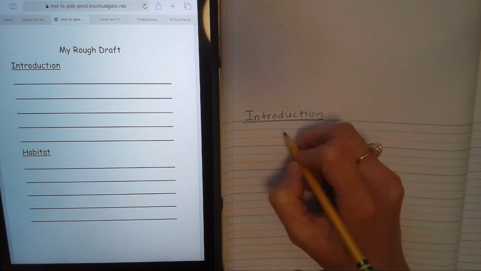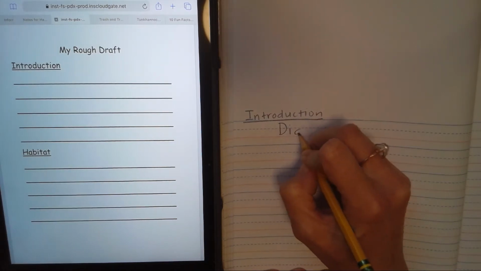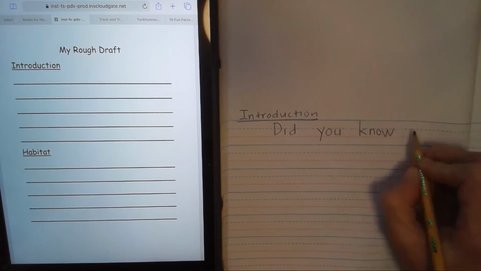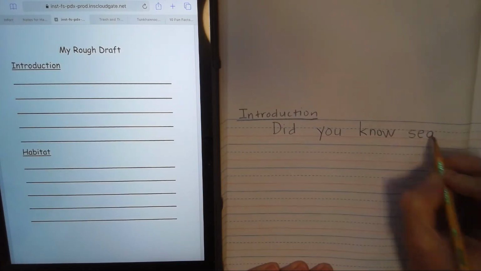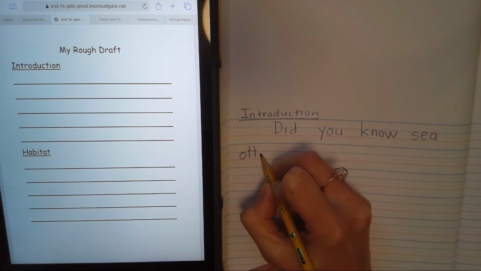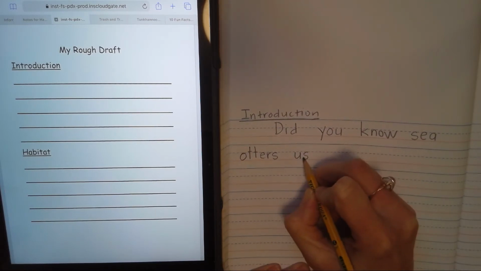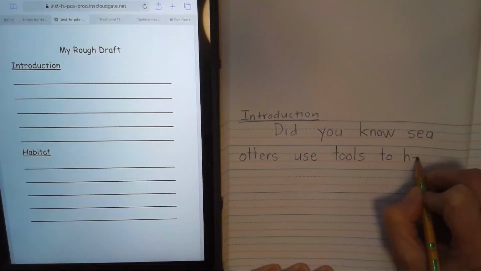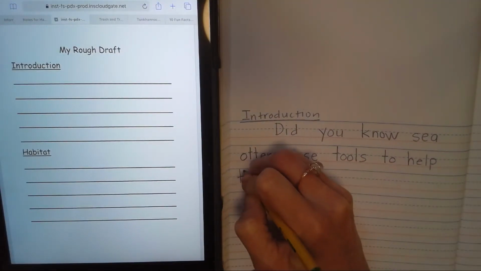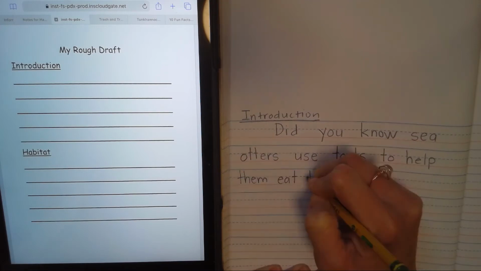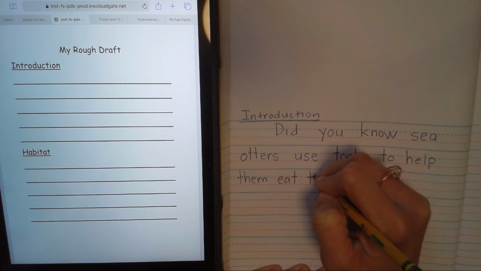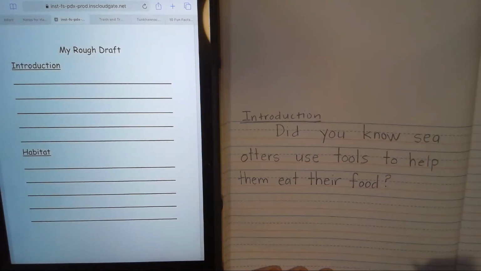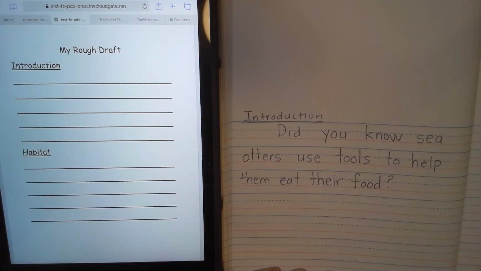Okay, so you could start off with something like, so like we said, our introduction gets our reader interested in wanting to read our paper.